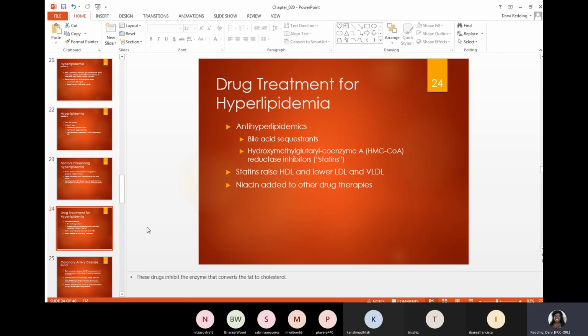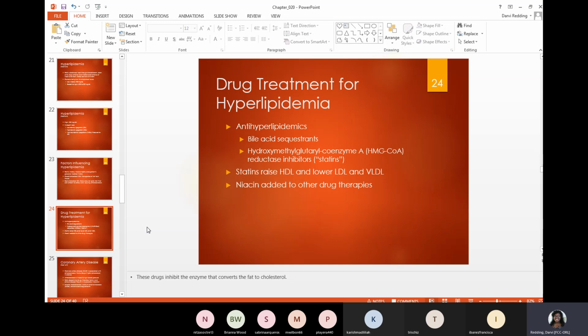These are just some examples of the HMG CoA. HMG CoA is abbreviated for something, the very long word that you see, let's try pronouncing: hydroxymethylglutarate coenzyme A. That's what it's abbreviated for.